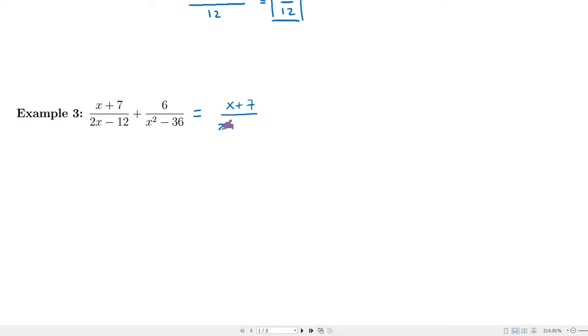We have this common factor of 2, and then we have x minus 6, and then over here we can factor the denominator because this is a difference of squares, so that'll be x plus 6, x minus 6. Okay, and then now it's a little bit easier when we look at these two fractions how we can make a common denominator, right? So what would the least common denominator be?